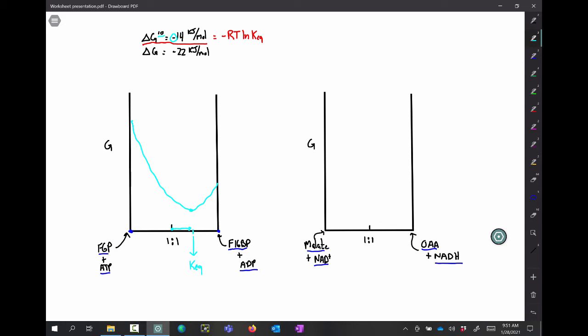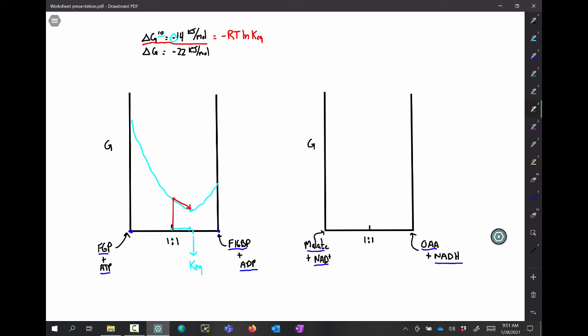Right? Now, let's think about this in regards to standard free energy changes. We know that because we're at standard conditions, the reaction under standard conditions will actually begin right where I just drew the dot. It's going to start there. And it's going to then proceed in the downward direction from an energy standpoint until it finally reaches that point, right?